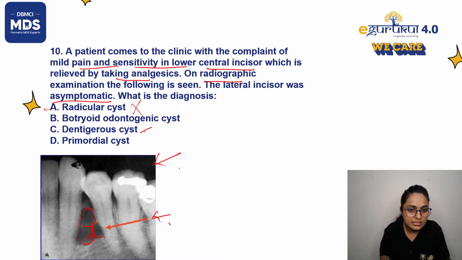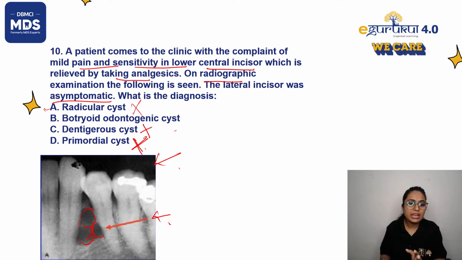Option C is dentigerous cyst. Dentigerous cyst is most commonly seen in the mandibular posterior area, third molar area, and it is associated with an impacted tooth. So option C we ruled out. Option D, primordial cyst, is also associated with an unerupted tooth, so we ruled out option D.